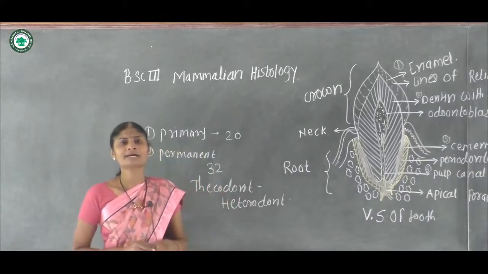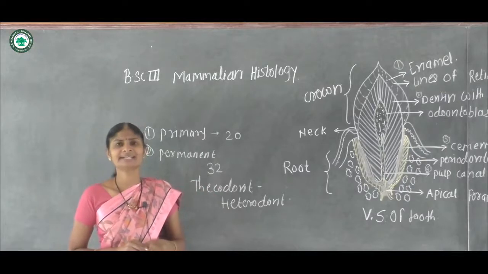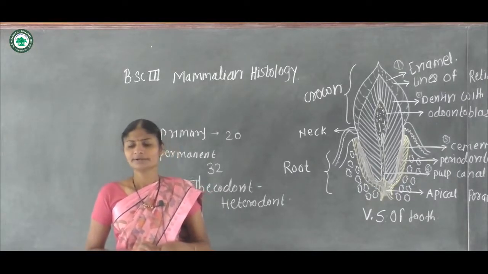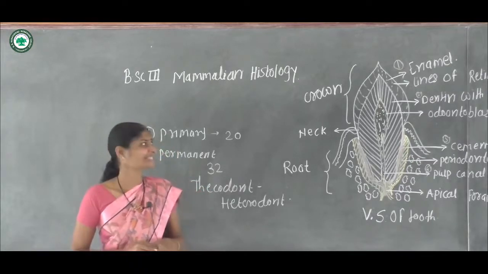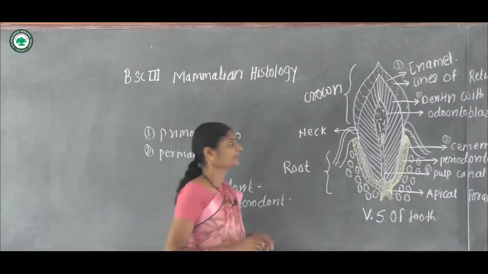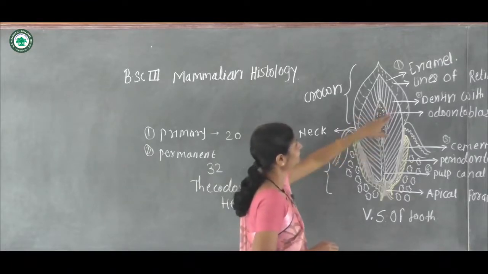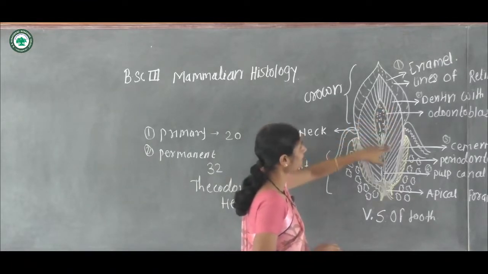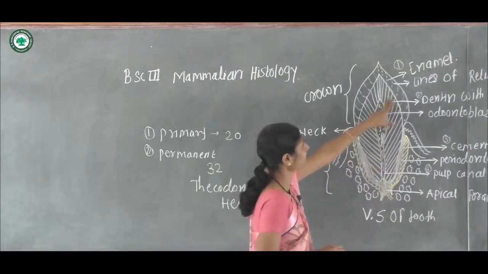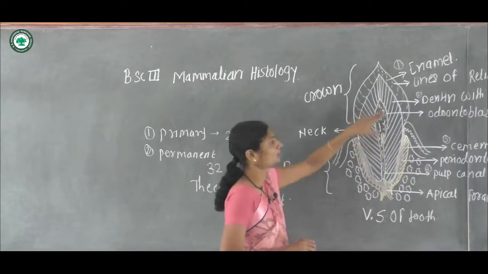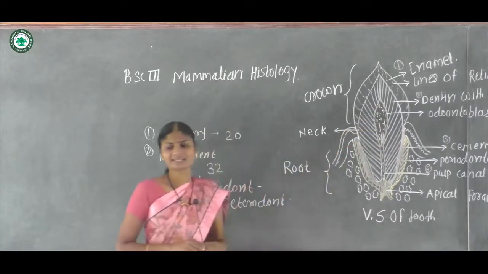These fibers deposit dentine around themselves, forming dentinal tubules. This diagram shows the odontoblast cells, which form the dentinal tubules.